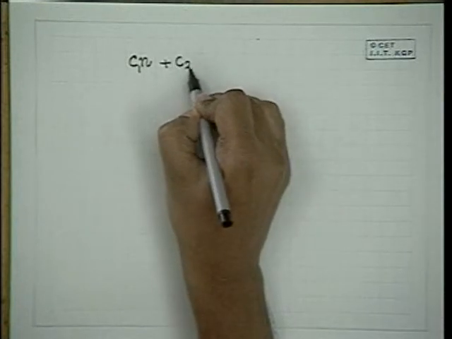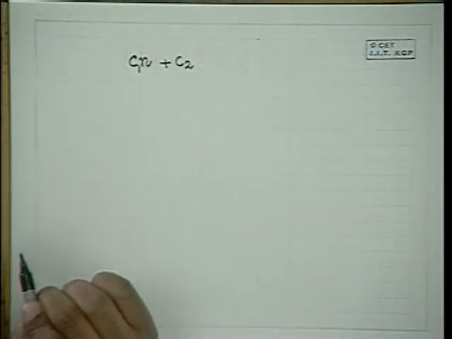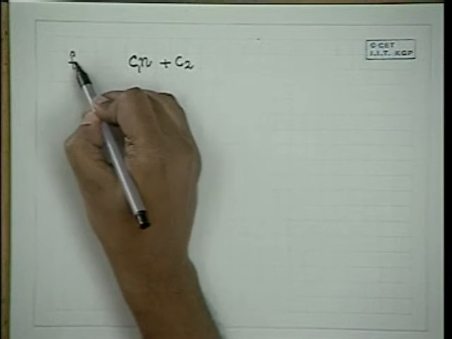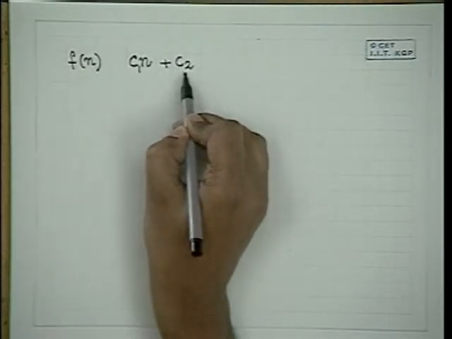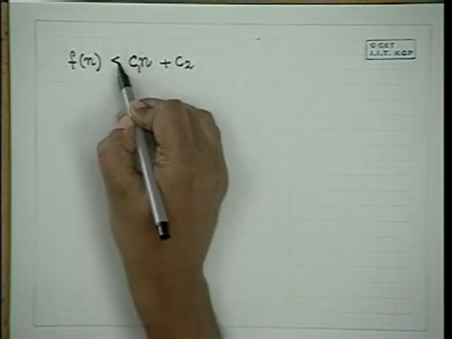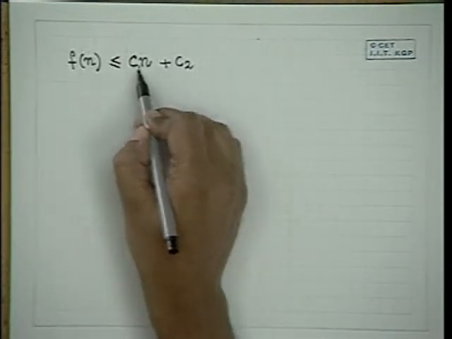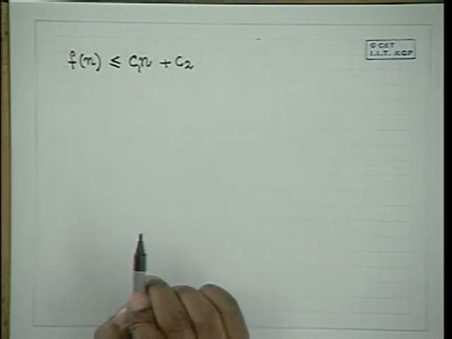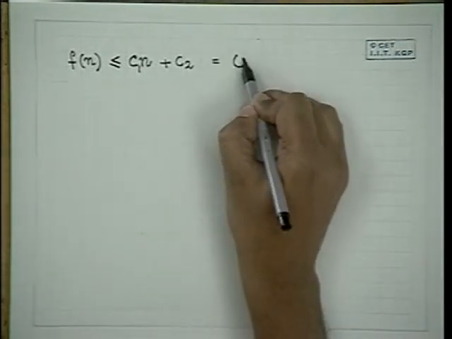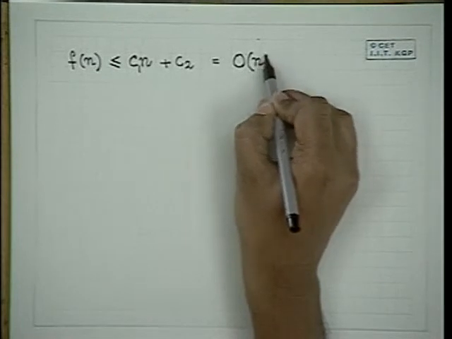And asymptotic complexity, given a function C1n plus C2, that is, if the complexity function f(n), whatever you have computed, is a bound, that is, it will take less than C1n plus C2 time, we say it is order n.